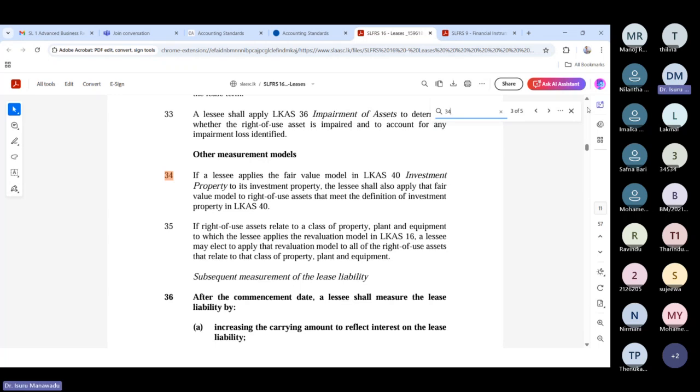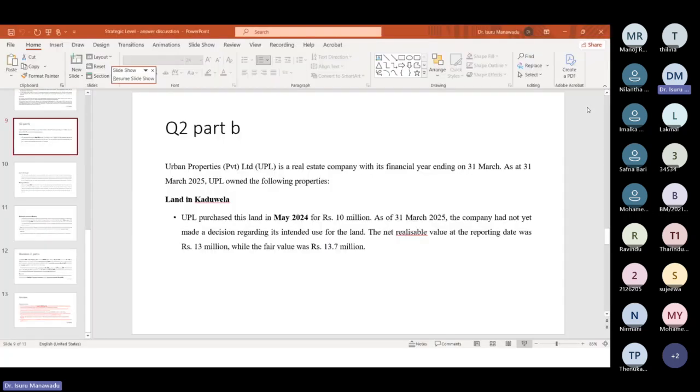As a result, we can measure the land right of use. There is a leasing, no? So what is the fair value of it?